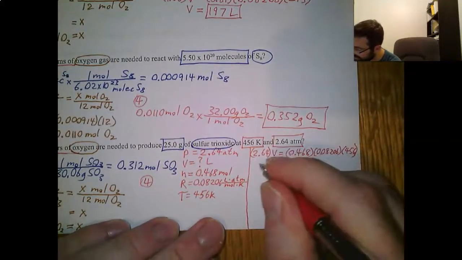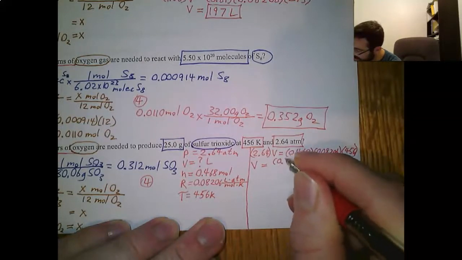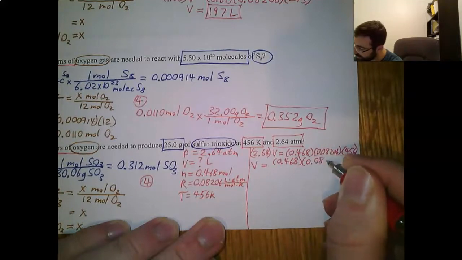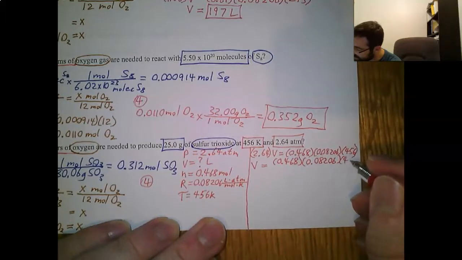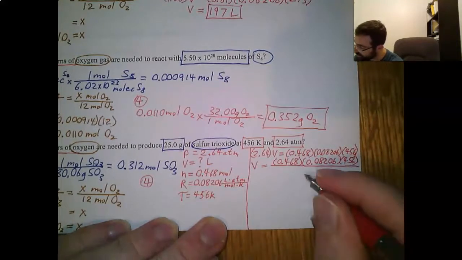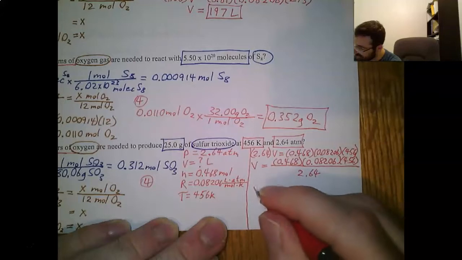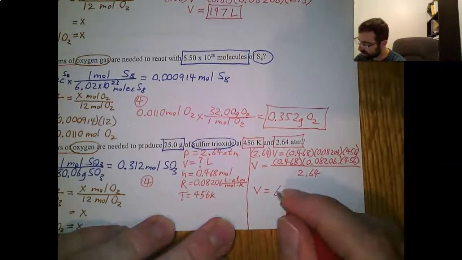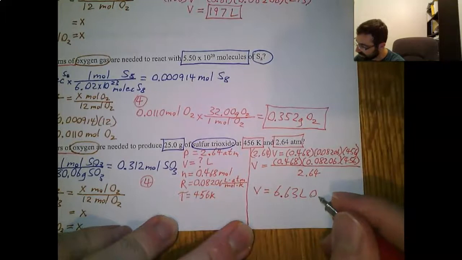Okay, so then we have volume equals 0.468 times 0.08206 times 456 divided by 2.64. And then when you crunch your numbers, you're going to get something like 6.63 liters of O2.